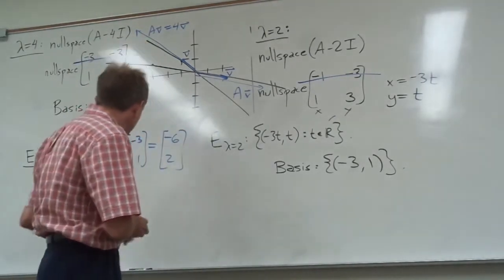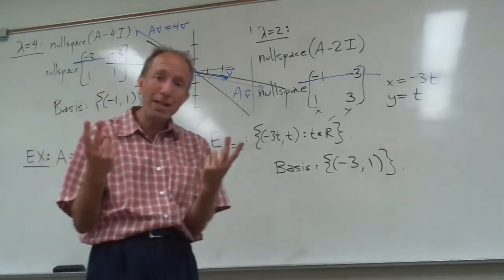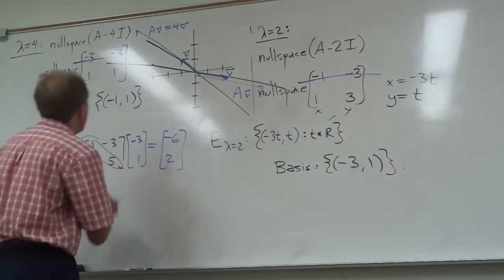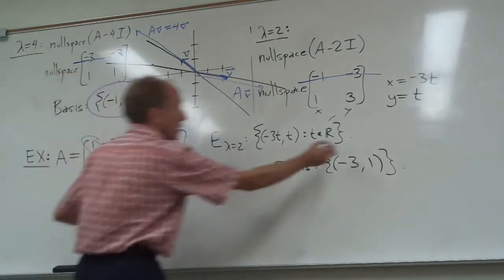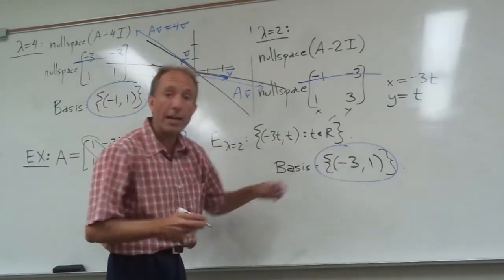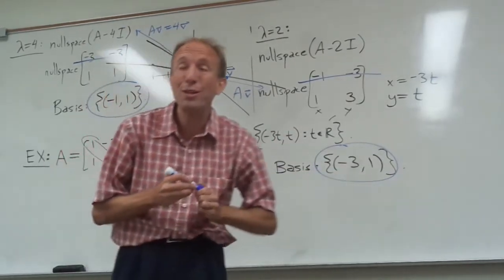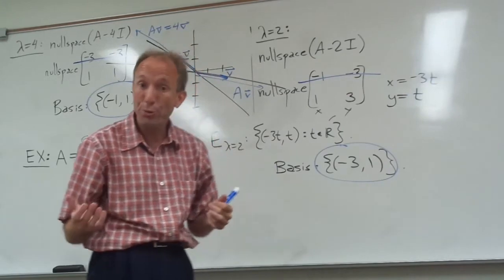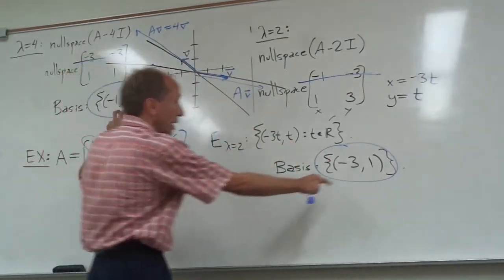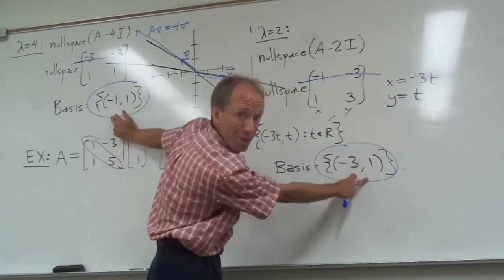Okay? Notice we had a 2 by 2 matrix, and we got 2 different basis vectors. These 2 basis vectors for these 2 different eigenspaces could be used as a basis for R2. Right? These 2 vectors are linearly independent, they're not multiples of each other.